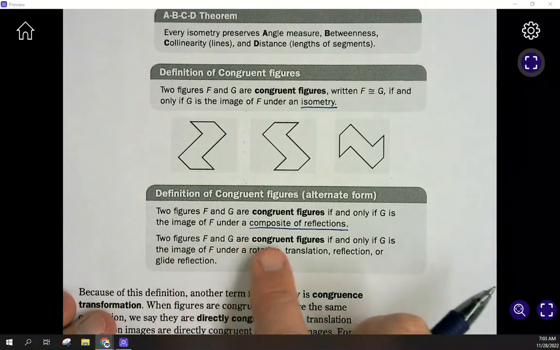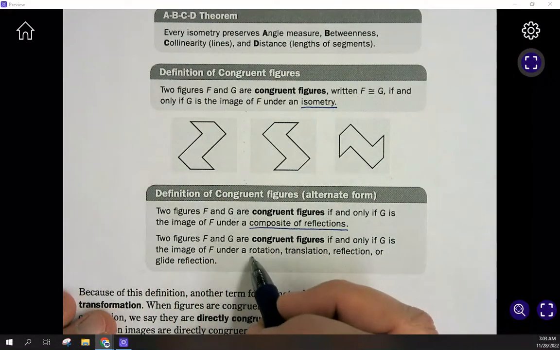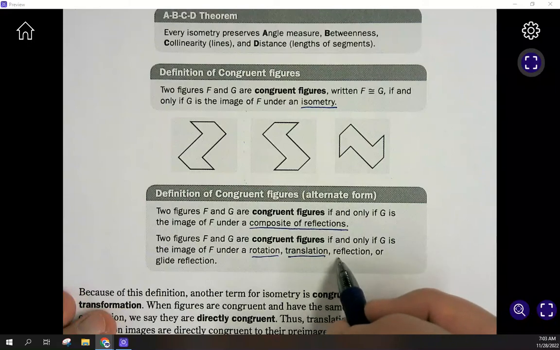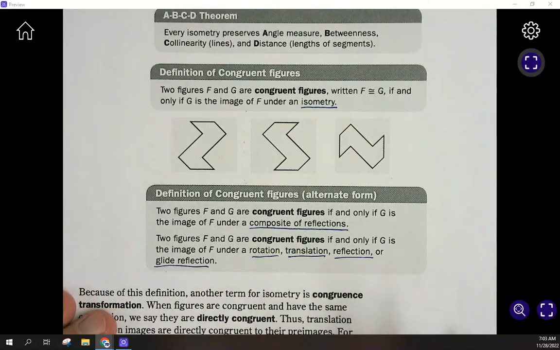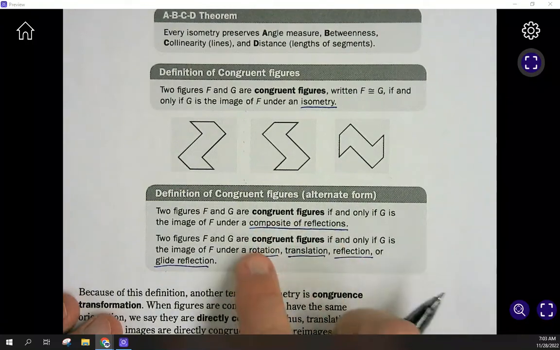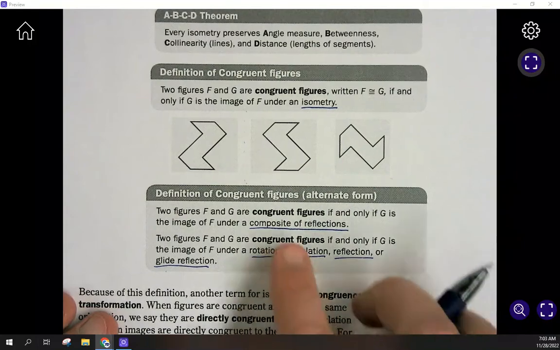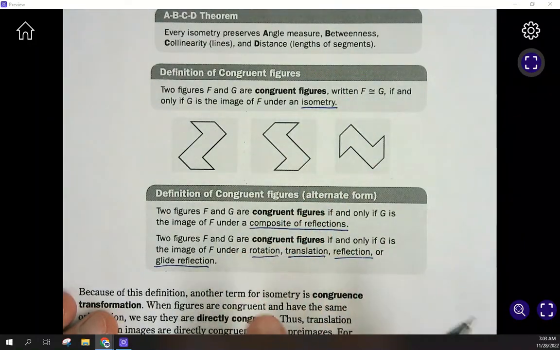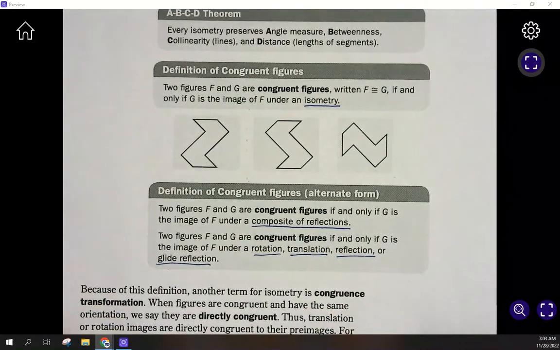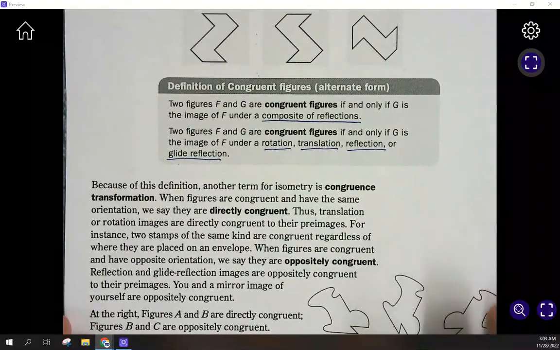So two figures f and g are congruent if and only if g is the image of f under a rotation, translation, reflection, or glide reflection, which those are all composite reflections. Those are all isometries. So this is really just hammering the vocabulary, making sure we understand those all mean the same thing. All right. So this is kind of just the intro here in 5.1.